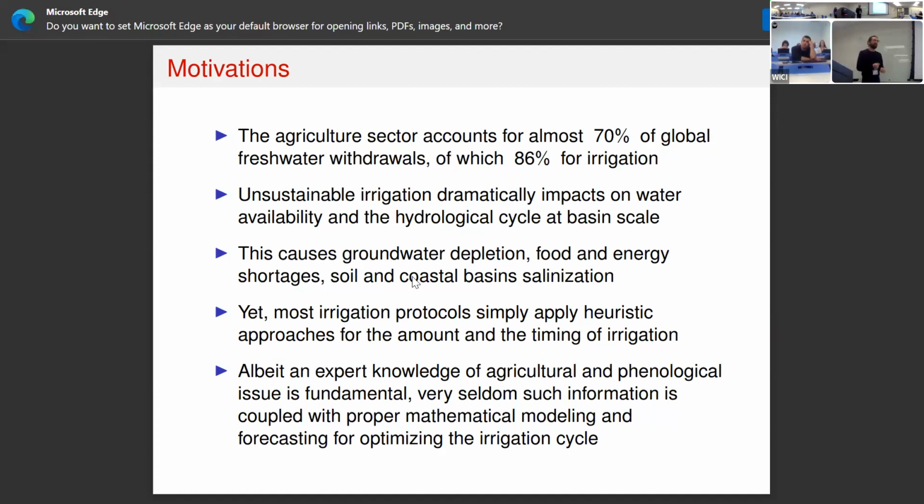So we have a very large bulk of expert knowledge of both agricultural and technological issues about this issue. Yet, very seldom do we apply proper mathematical modeling, or if you want, understanding of the dynamics taking place there to optimize the irrigation cycle.